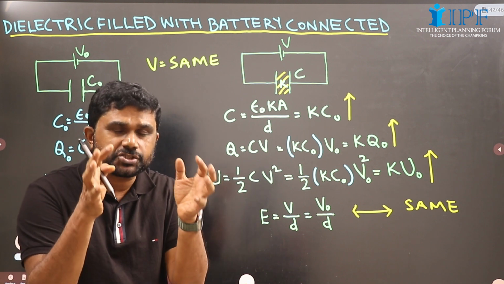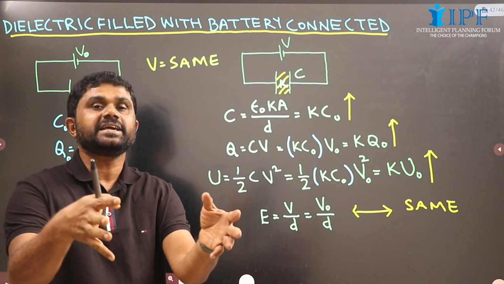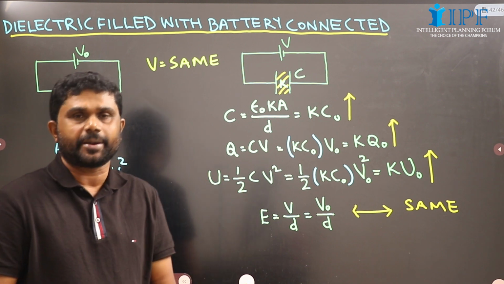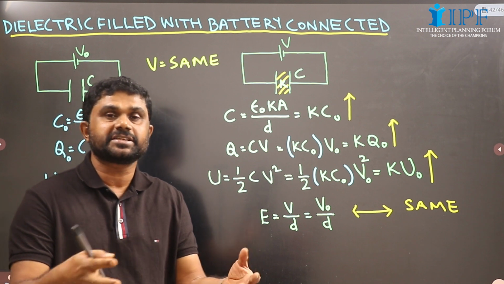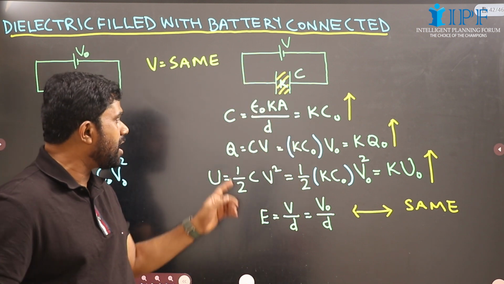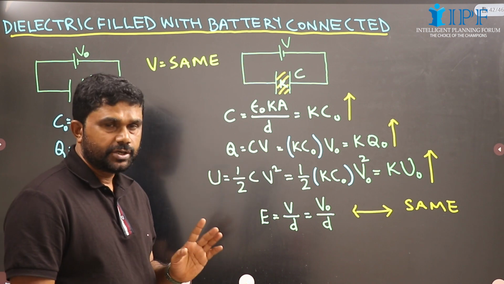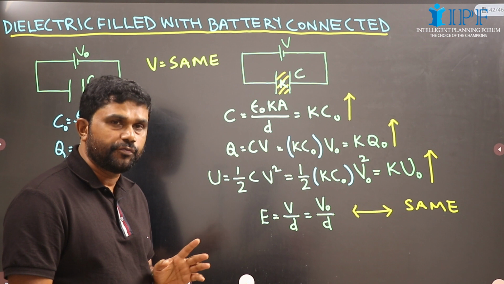Now the charge storing capacity is increased, and the cell is still connected to the capacitor. So the capacitor will draw more charge from the cell. The charge drawn by the capacitor is equal to CV, the new capacitance and the new voltage.